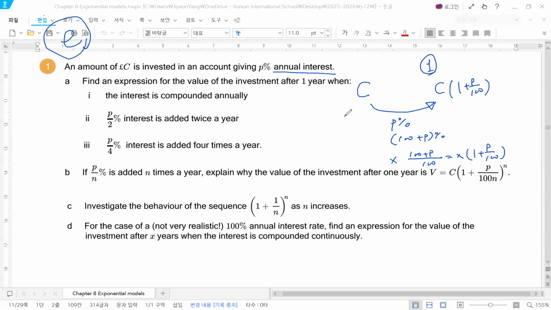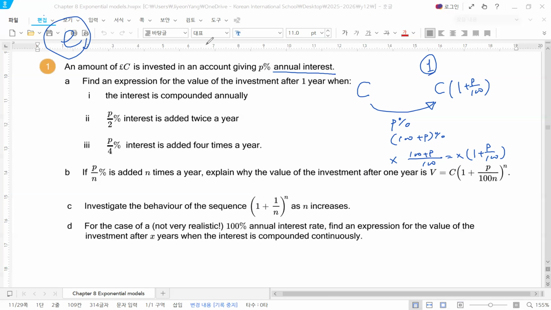Can it be C plus P percent over 100 overall? No, you cannot. Because, say, inside there is 100 Hong Kong dollars. If the interest rate is 20%, guys, it means that 20% increase. So it's going to be 120% of 100 you're going to get here, right?